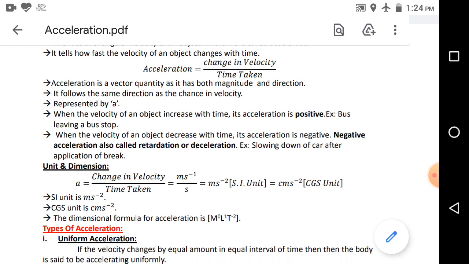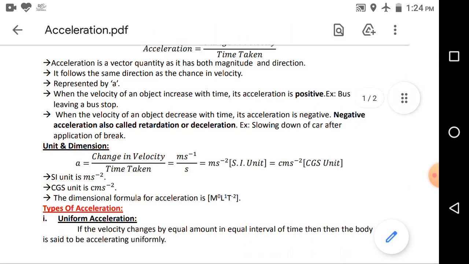Negative acceleration is only possible if we apply the brake for a moving car or moving vehicle, or we obstruct some moving object's journey, then we will give that object a retardation force. After that, the body will undergo a negative acceleration. An example of negative acceleration is slowing down of a car after application of brakes.